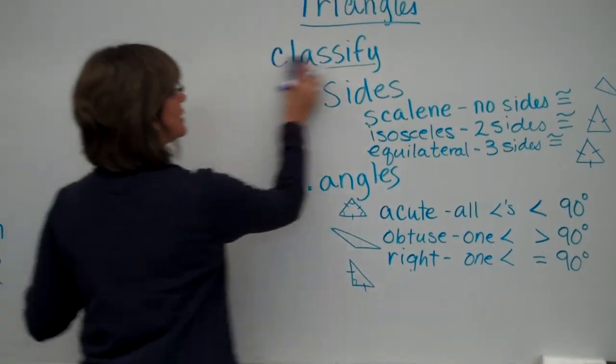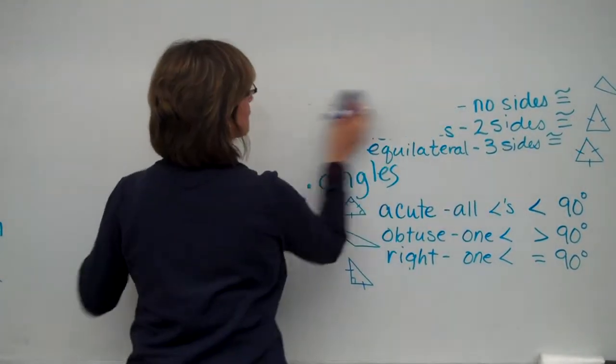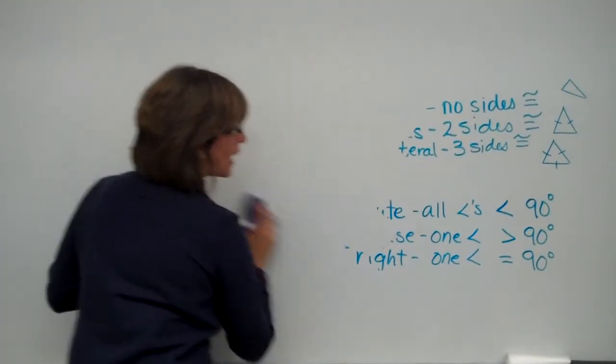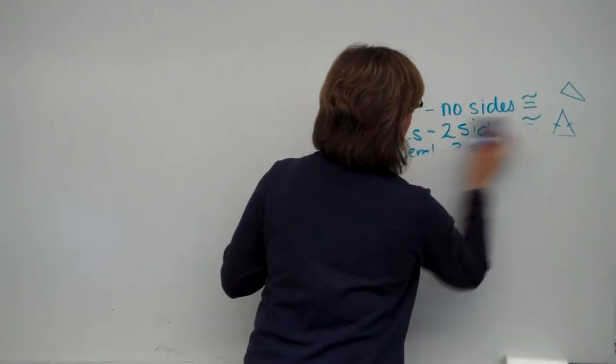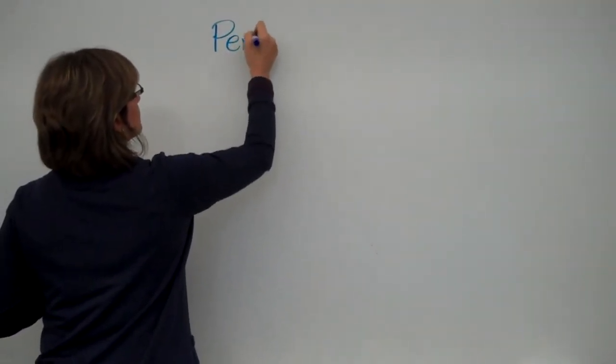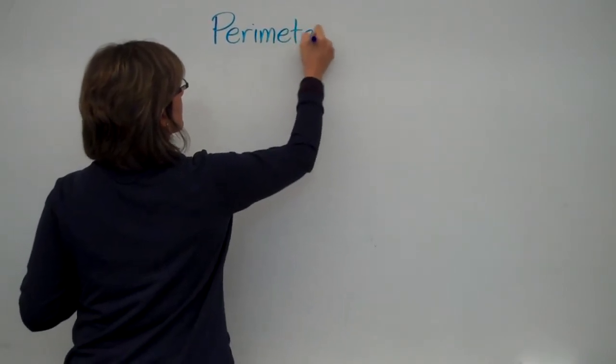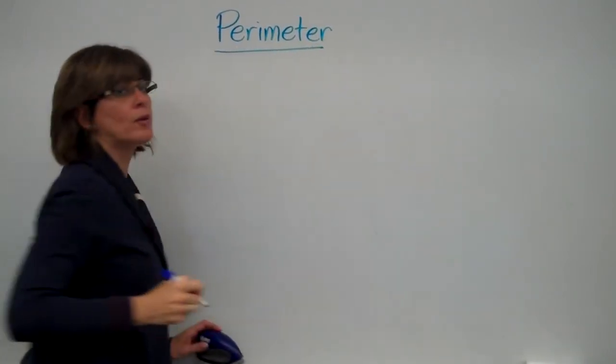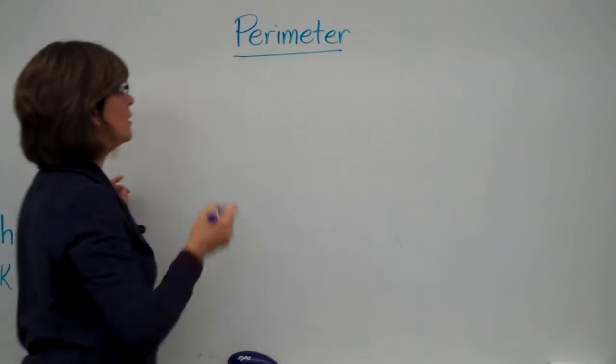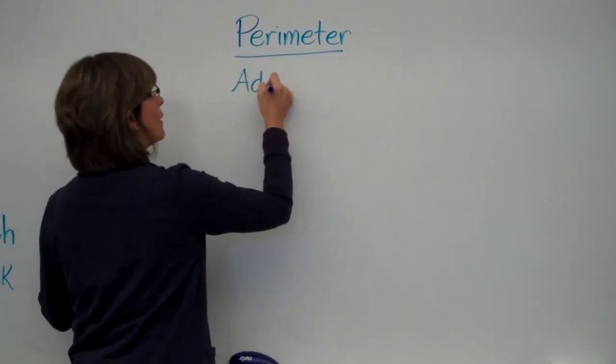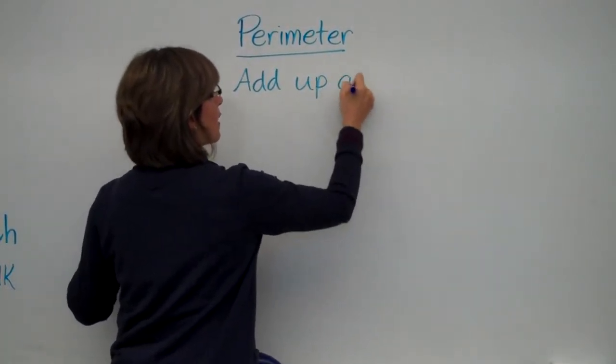Now I'm going to do some things with triangles. The first thing I'm going to do is find the perimeter of a triangle. Perimeter is very easy on a triangle because you add up all the sides.